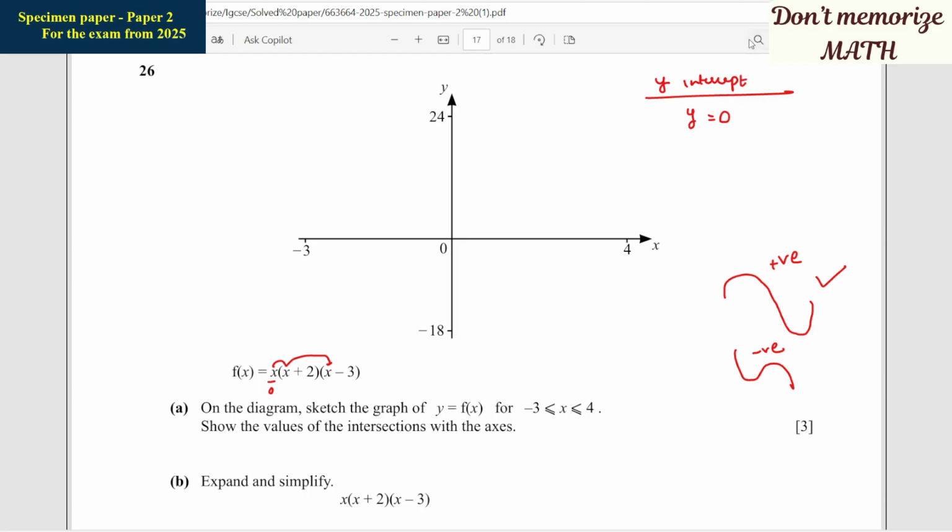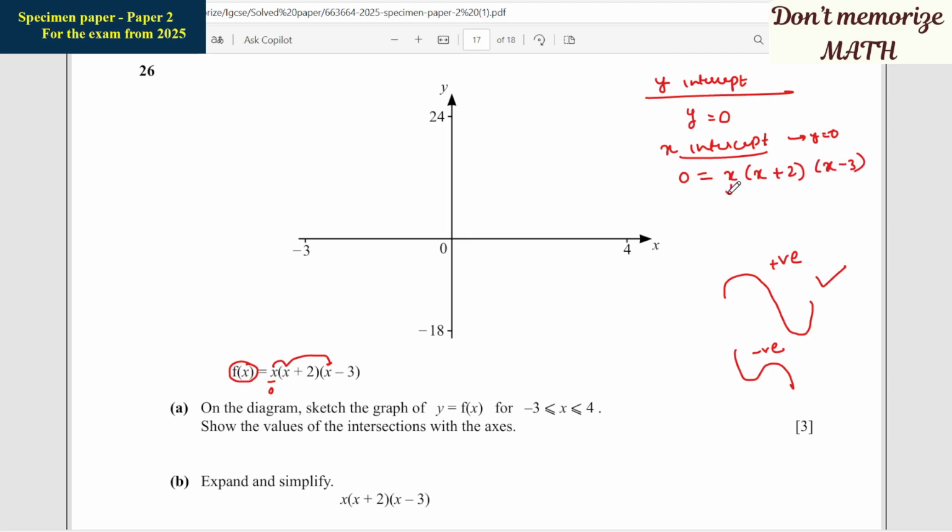Then next we will find the x-intercept. To find the x-intercept, you have to substitute y equal to 0. Y equal to 0 means f of x is 0. So you will get 0 equal to x times (x plus 2) times (x minus 3).